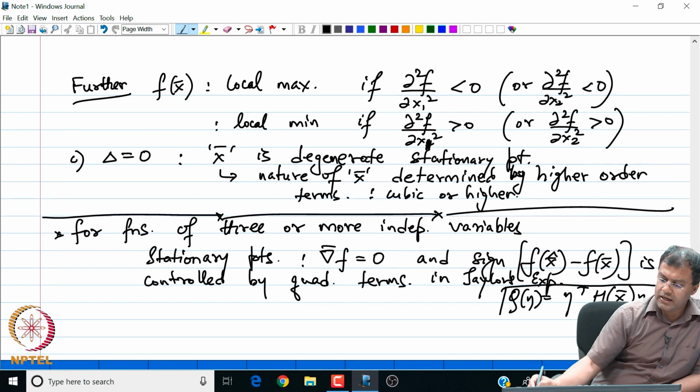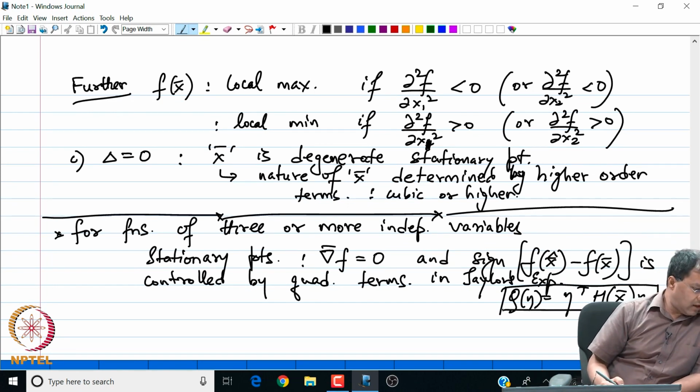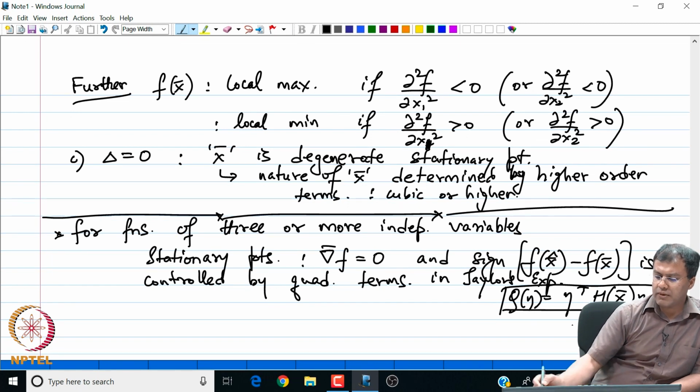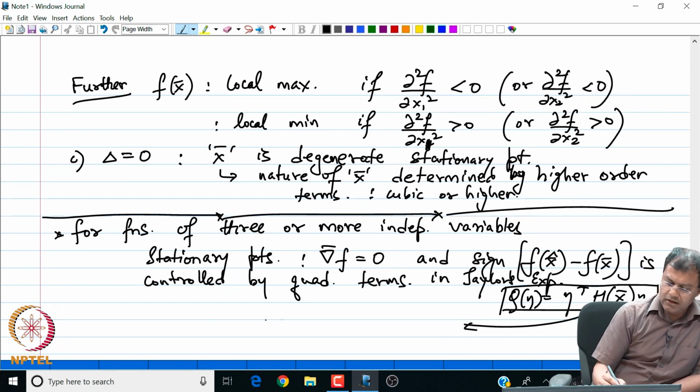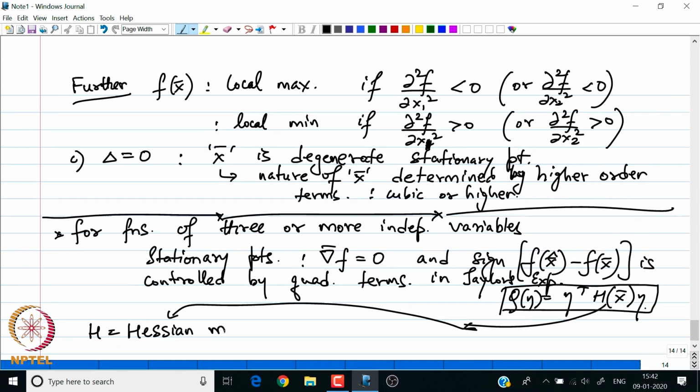So, the quadratic terms are governed by this product. The sign of this vector product will tell us the nature of the extremal. Where H is the so called Hessian matrix. I am sure students are familiar with this matrix. This is of the form partial squared f over partial xi partial xj. So, this is my Hessian matrix.